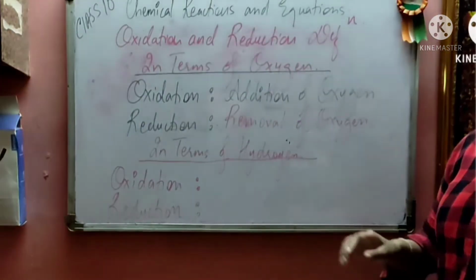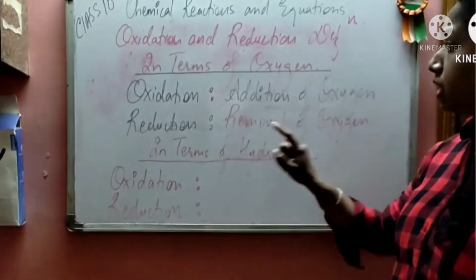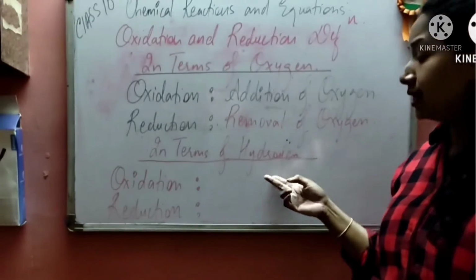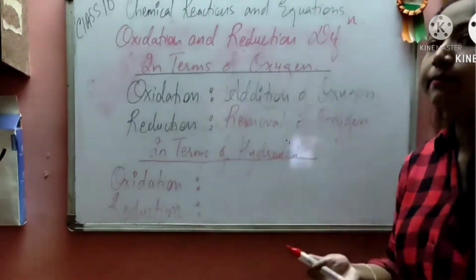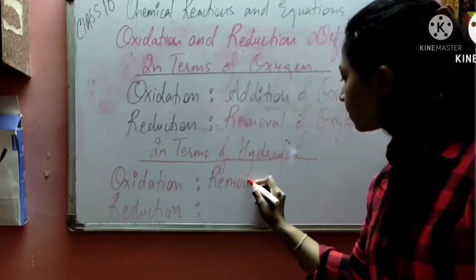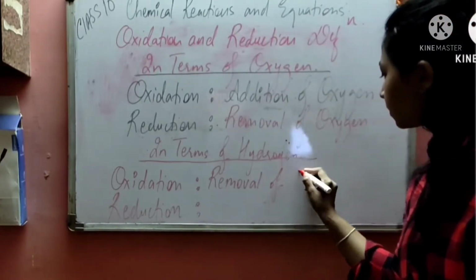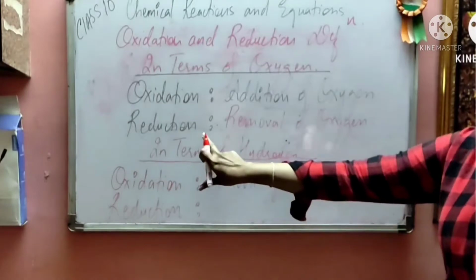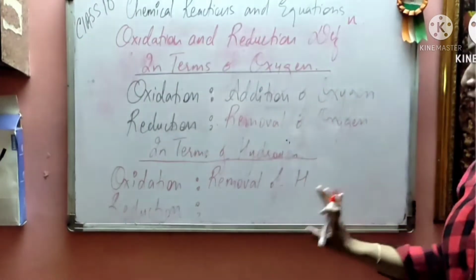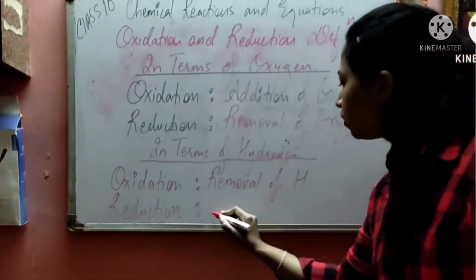In terms of oxygen, oxidation is addition of oxygen, so in terms of hydrogen, it is removal of hydrogen. Now reduction, in terms of oxygen, is removal of oxygen, so here it will be addition of hydrogen.